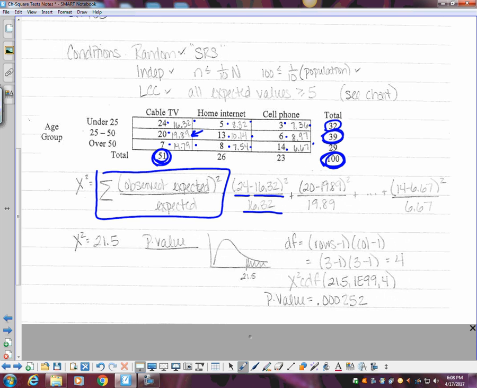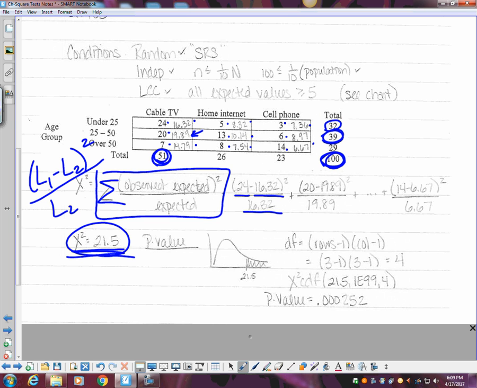Then I went up on my L3 and did L1 minus L2 squared over L2. Then I did one variable stats on my L3, and I'm looking for the sum, and that's where that number comes from right there. You can pause this and type that in. You're going to have a chance to do that on your homework. So if this sounds really familiar and you feel pretty good about it, I wouldn't worry about typing this one in, like I said, because you're going to get practice when you do your homework.